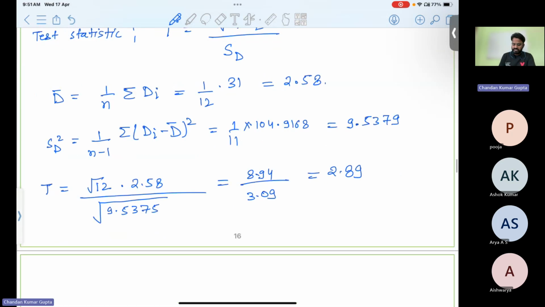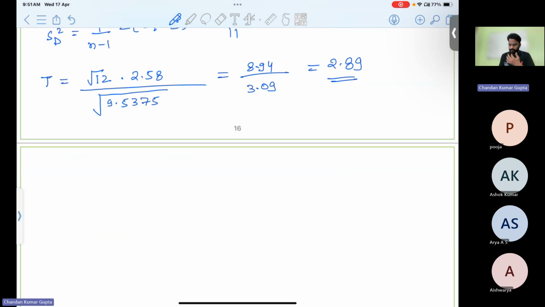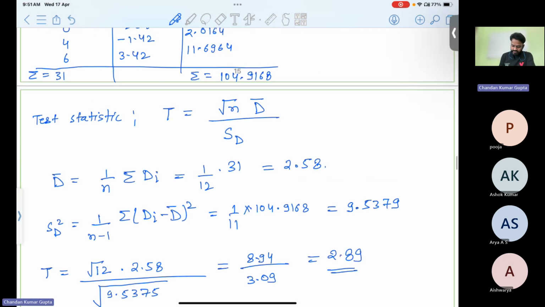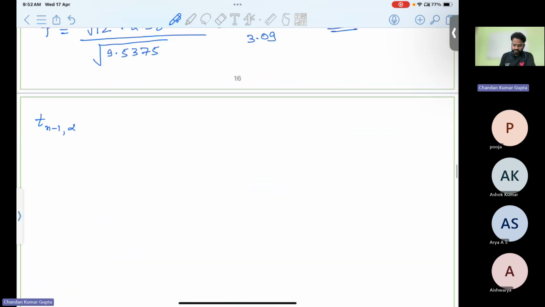So the calculated t is this. Now the tabulated t at n minus 1 degrees of freedom. Here alpha is single tail, one tail, so directly we use alpha.